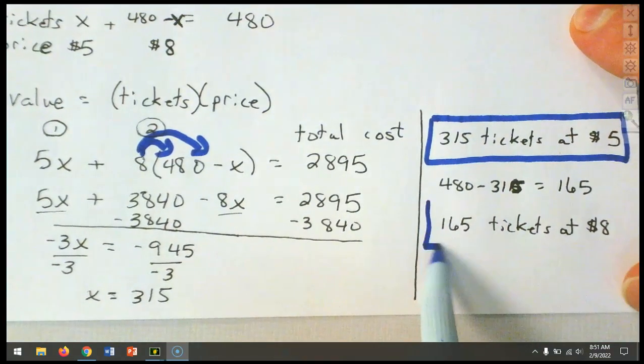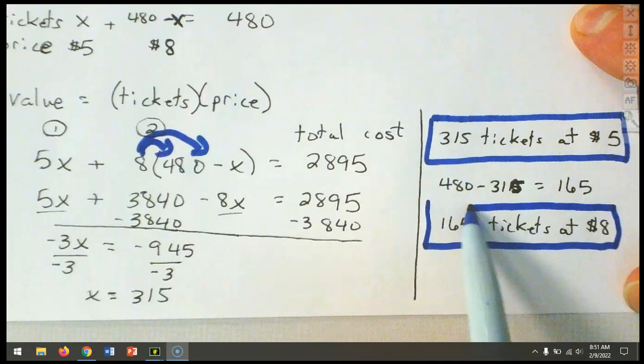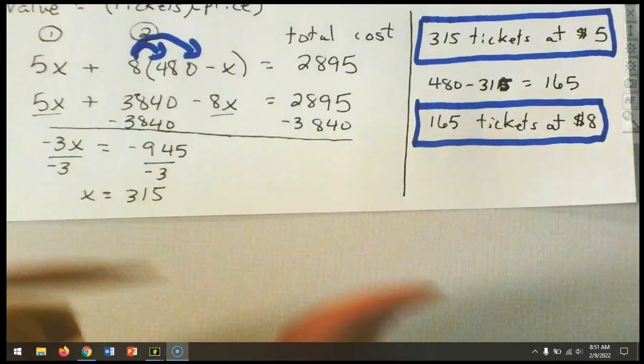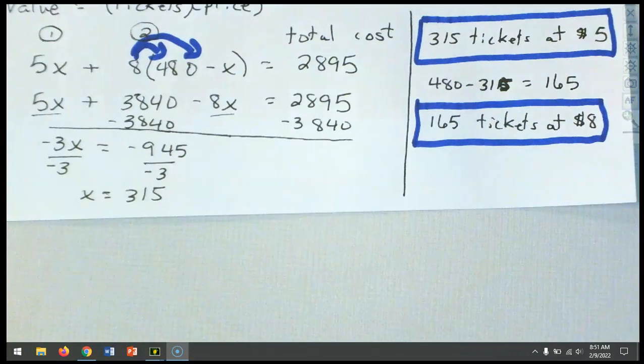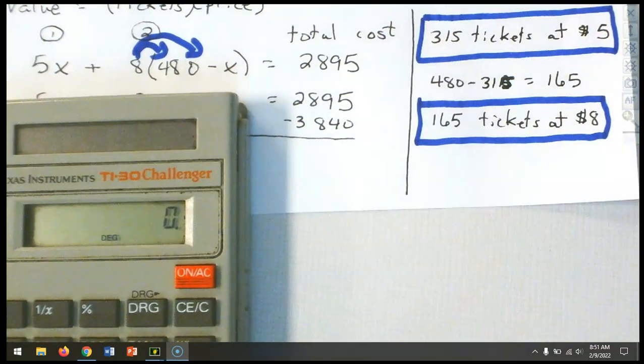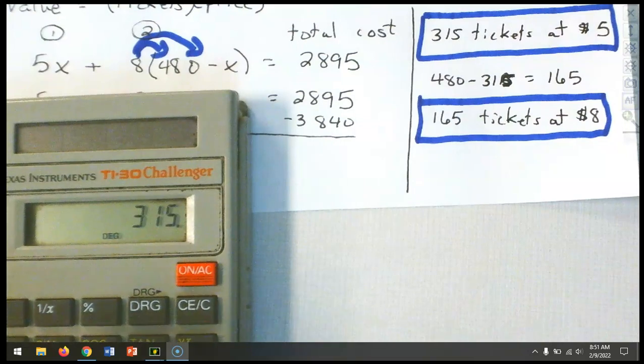And if we wanted to check, we could easily check it. Because how could we check it? Well, how much are these tickets supposed to be worth total? $28.95. Let's see if it actually does that. So we've got 315 tickets at $5 a piece. That's $15.75. And we're going to add in 165 tickets at $8 a piece.